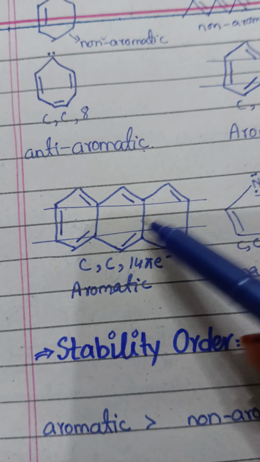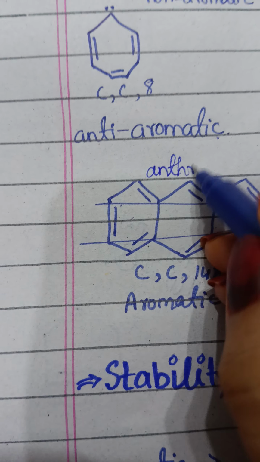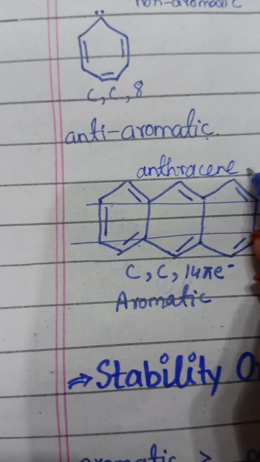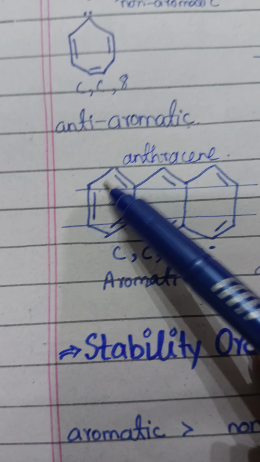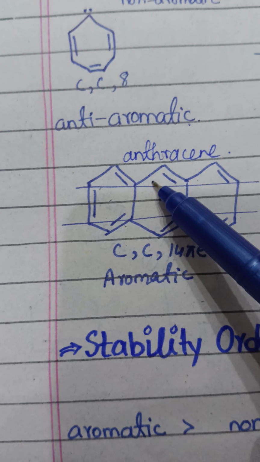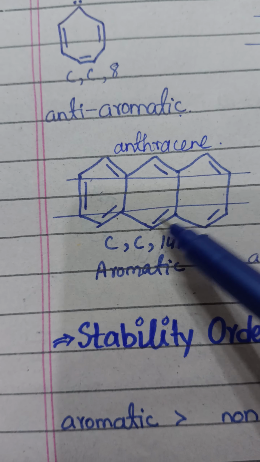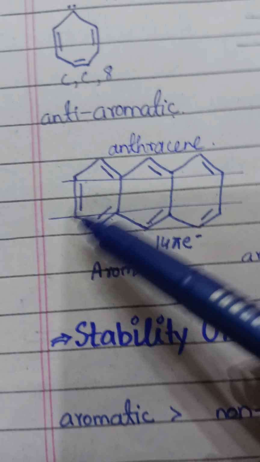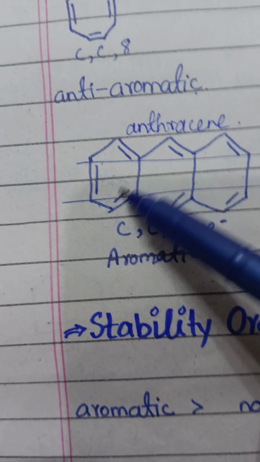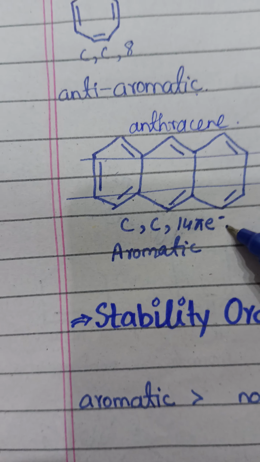Now we have anthracene. This is the structure of anthracene. In anthracene we have pi, sigma, pi, sigma, pi, sigma, pi, sigma, pi, sigma, pi, sigma, pi, sigma. In this way we have 1, 2, 3, 4, 5, 6, 7, 8, 9, 10, 11, 12, 13, 14 pi electrons.